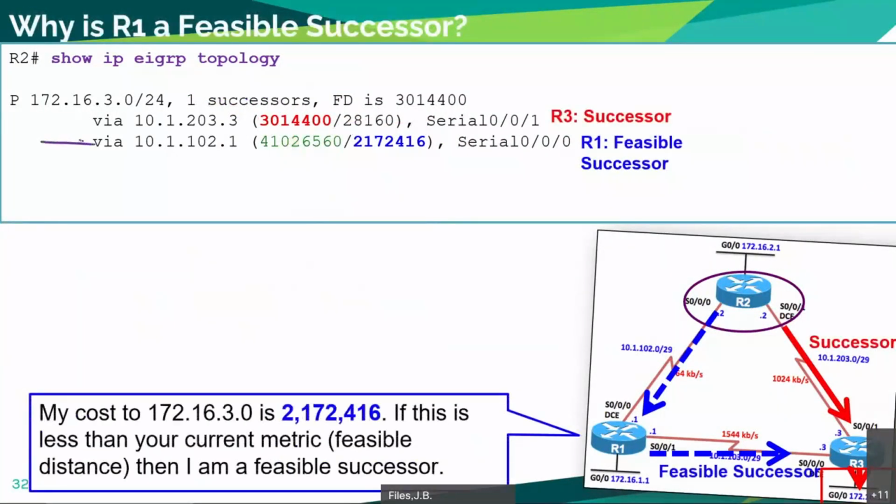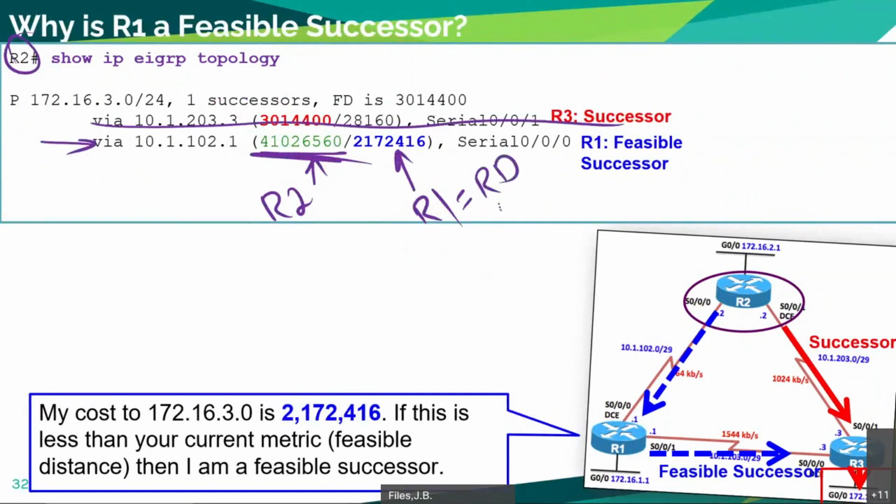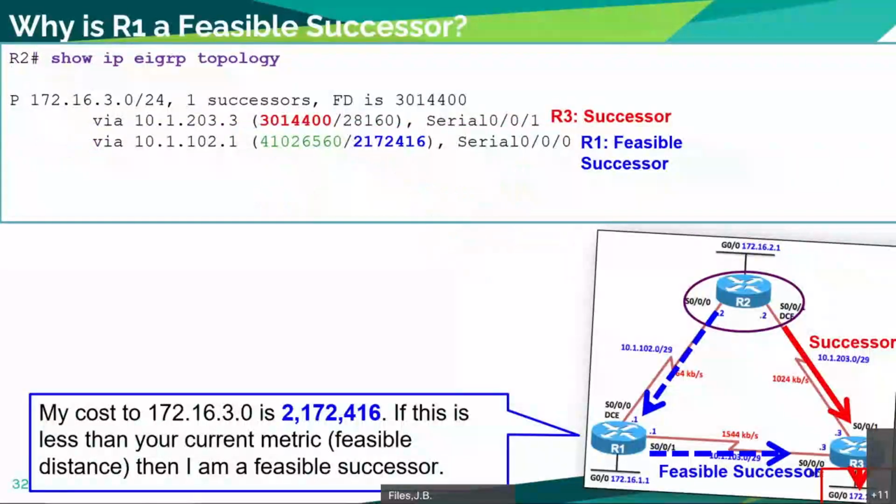But if that link were to go down, that's what our cost would be. This is R1's cost. We're R2. This is our cost, right? R1's cost is the same as the reported distance for R1 because R1 is reporting to us its distance.